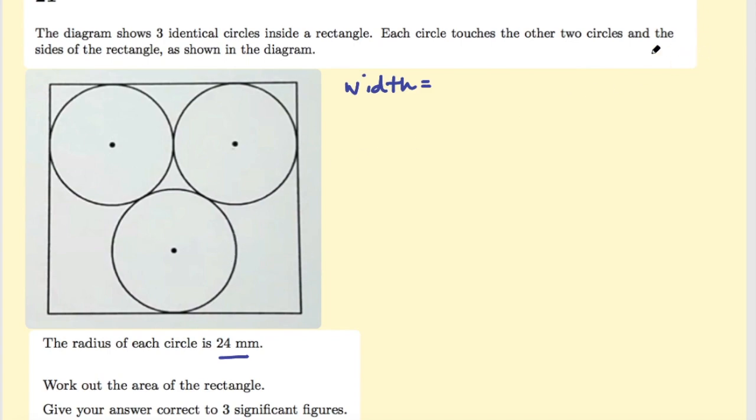Well, first thing you can identify is that we can work out the width. It's just 4 lots of that radius of the circle. So we can just say that's 4 times 24, which is 96 millimeters.